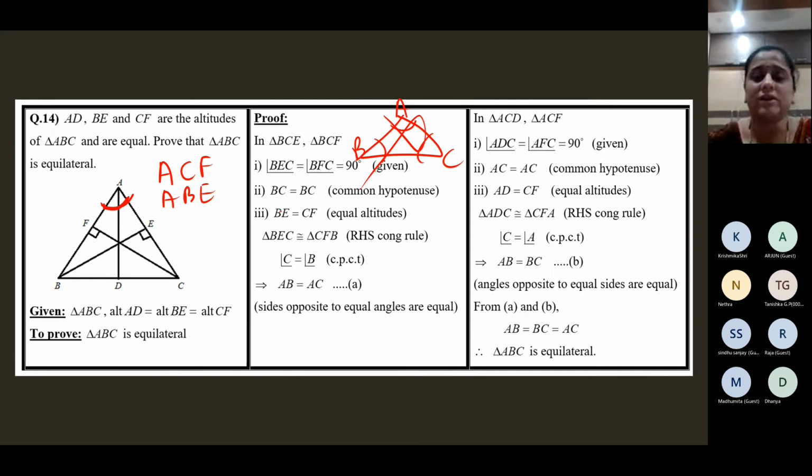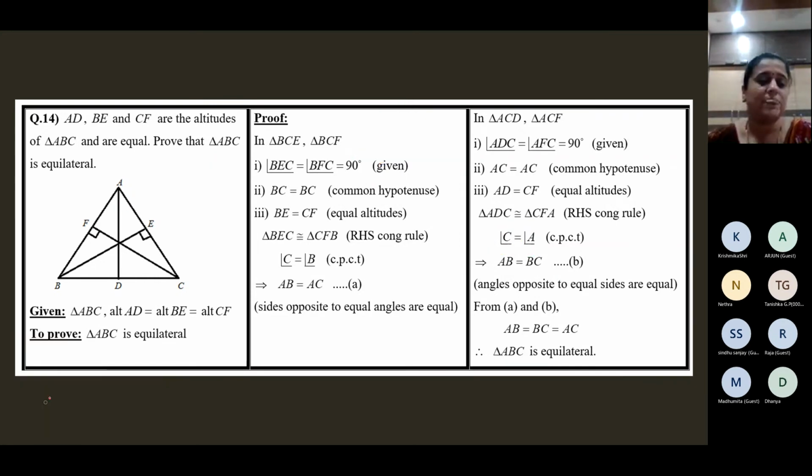So now write down. For angle C, write down the two triangles. For angle A, write down the two triangles and select. How to select? Depending on the information available. We have the altitudes equal. The altitudes are equal, and they are altitudes, so we have 90 degrees.